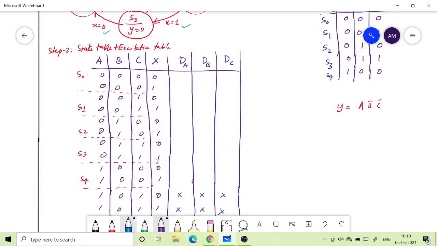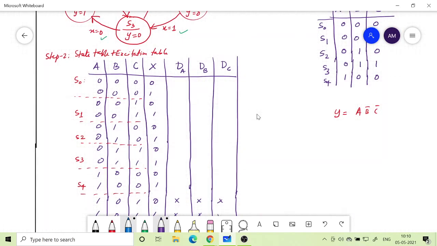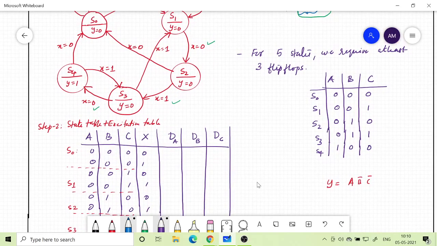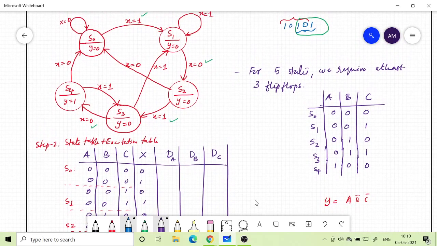Okay, so we have chosen 5 of the 8 states, and now I need to see how the changes happen depending upon x. If x equal to 0 when I am at S0, it will remain there.